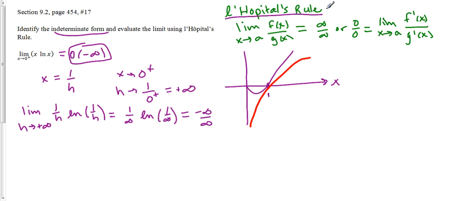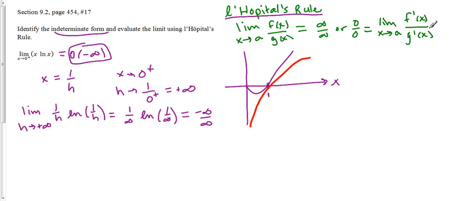And I've written L'Hopital's rule up here in the corner in green again, and it says that the limit as x goes to a of f of x over g of x, if that's equal to plus or minus infinity over plus or minus infinity or 0 over 0, then it's also equal to the limit as x goes to a of the derivative of f of x over the derivative of g of x.